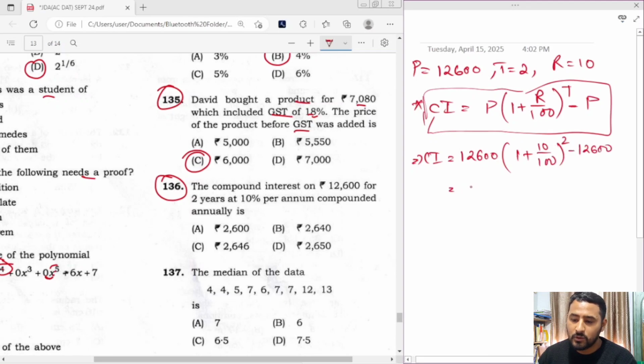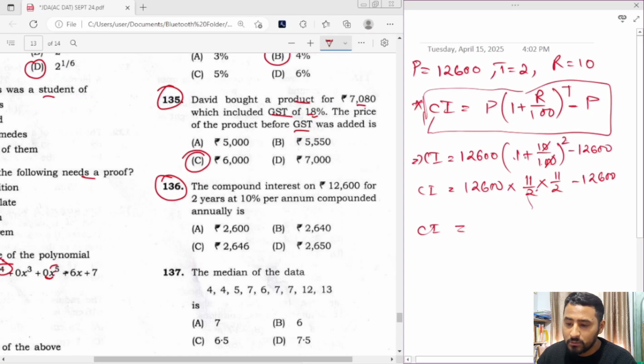So solve this one. 12600. The 600 gets cancelled. 10 ones are 10 plus 1 is 11, so it should be 11 by 10, and because it is squared, we multiply it 2 times. Sorry, the denominator will not be 2, it will be 10.